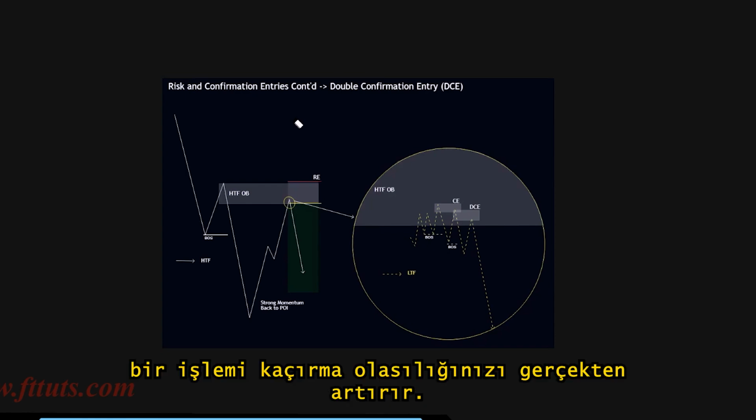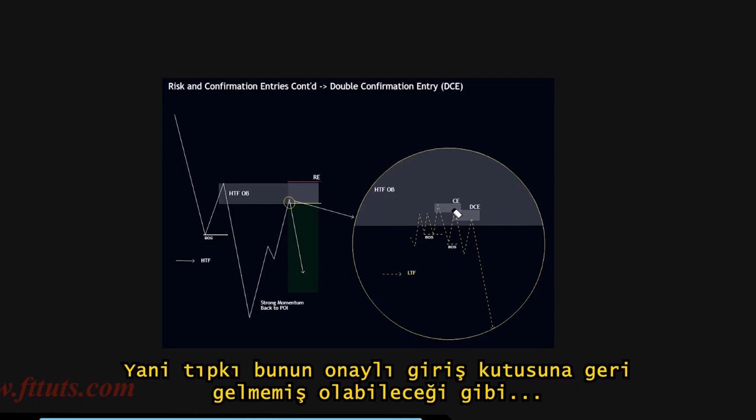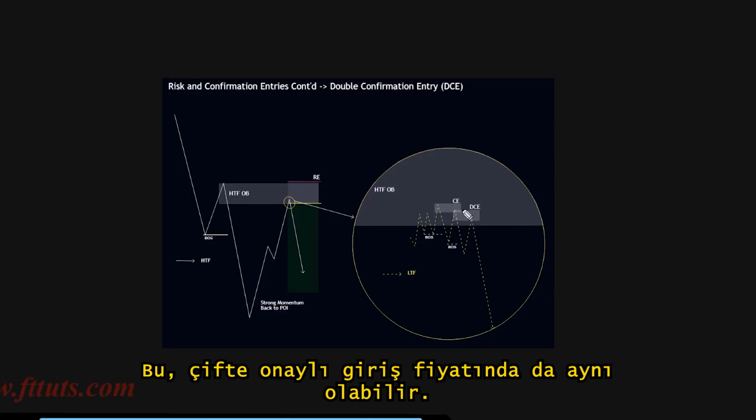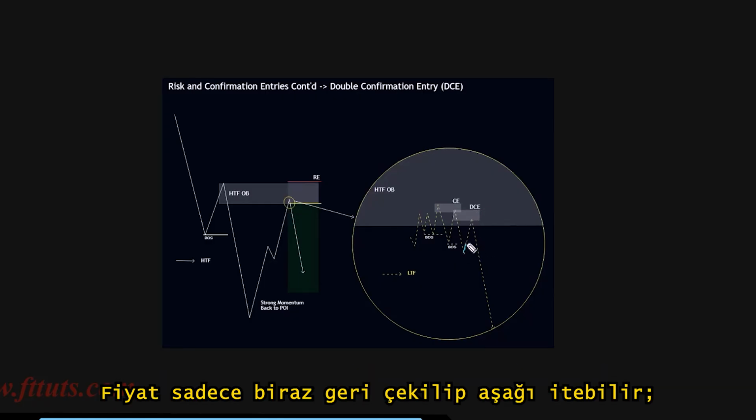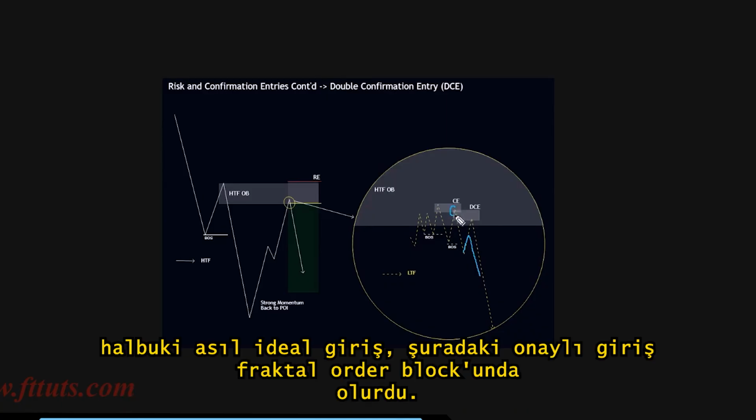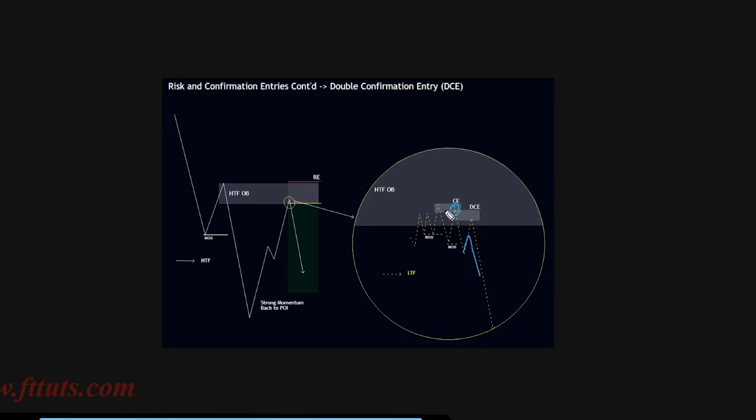And number two, it really does increase the likelihood of you missing out on a trade. Just like this could have not come back to the confirmation entry box, this could be the same on the double confirmation entry, where price could just retrace a little bit and push lower, where the actual entry would have been ideal on the confirmation entry fractal order block over here.